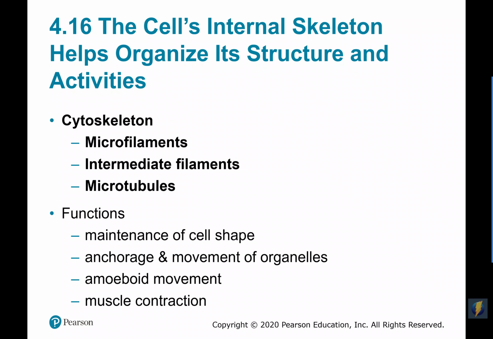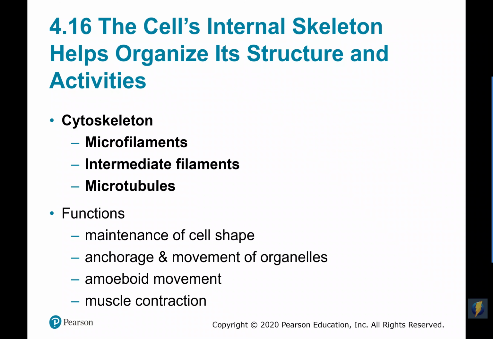The microfilaments are the smallest, the microtubules are the biggest, and the intermediate filaments fall in between. They help cells maintain shape. They anchor and move organelles around the cell. Sometimes they will give what we call amoeboid movement to cells, which is a squeezy, gelatinous, slow, uncontrolled movement.